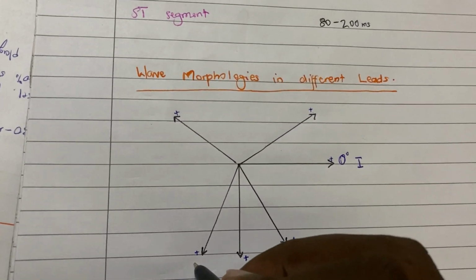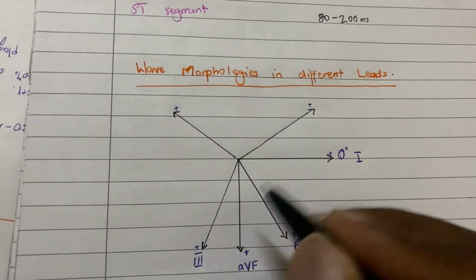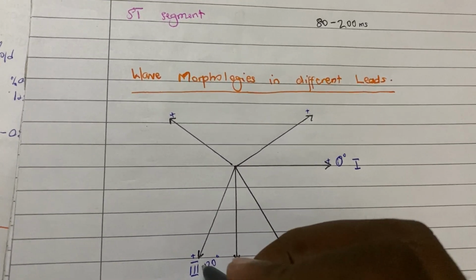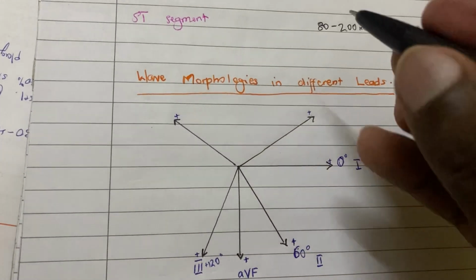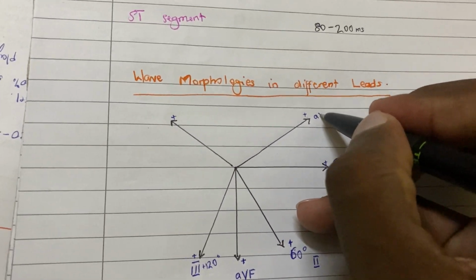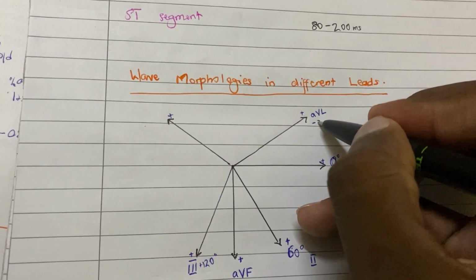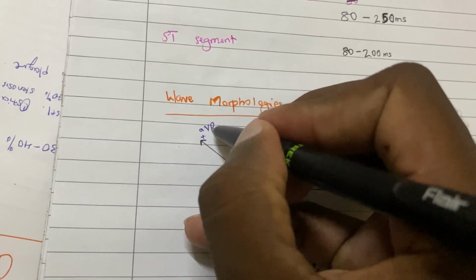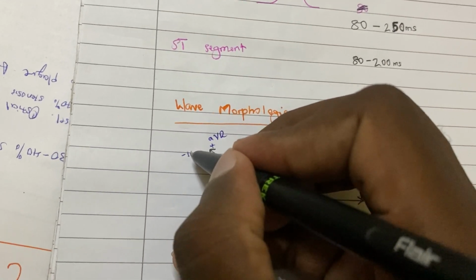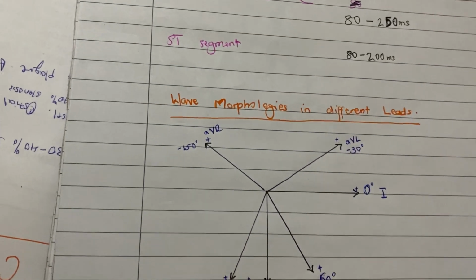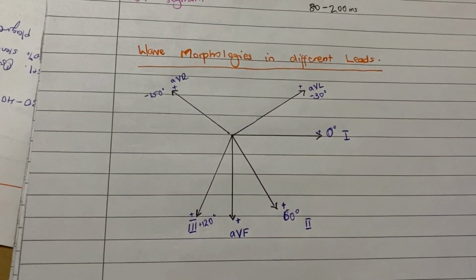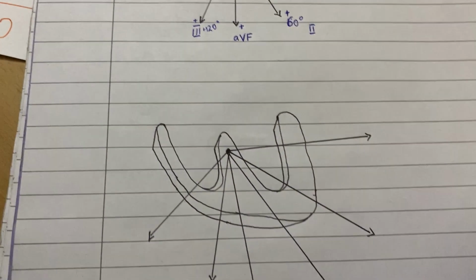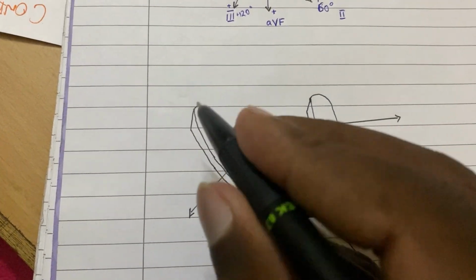This is lead 3 at 120 degrees positive, and then this is AVL at negative 30 degrees, and this is AVR at negative 150 degrees. And then these are chest leads.